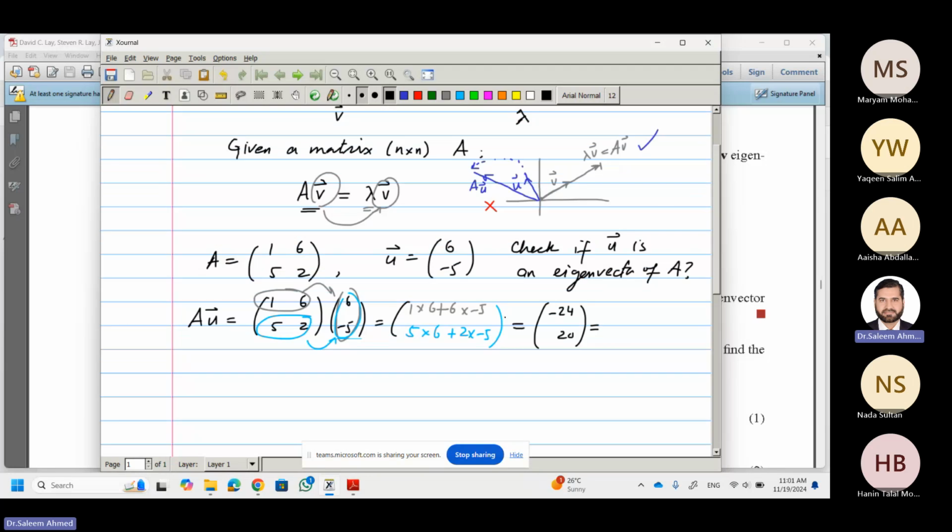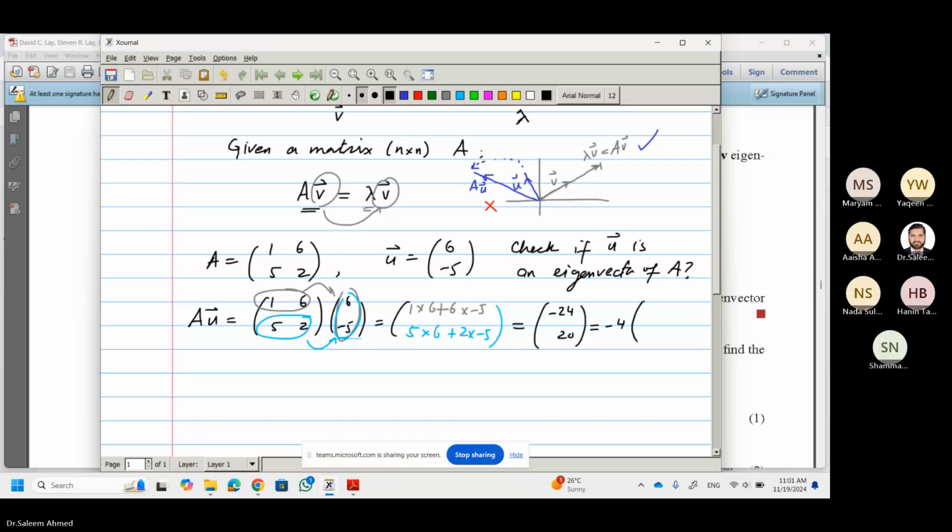So if I take -4 common, it gives you (6, -5). See, -4 into 6 is -24, and -4 into -5 is 20.